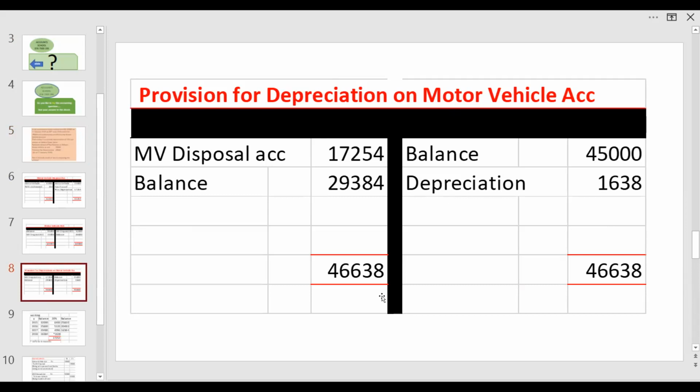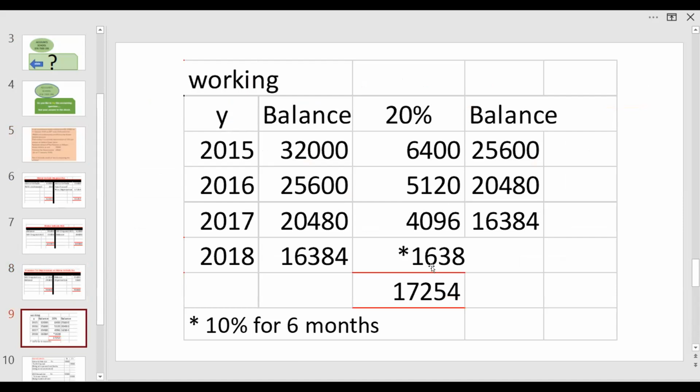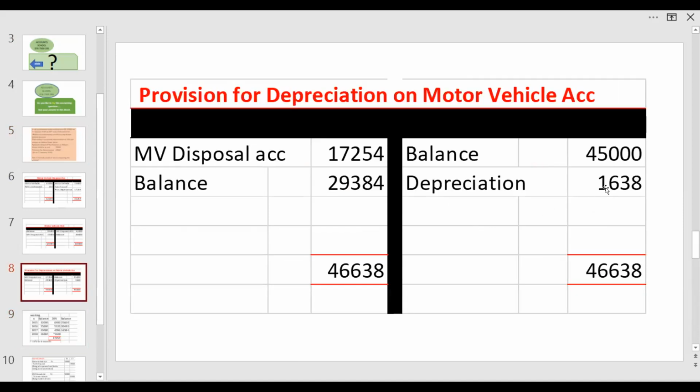That is why this half a year's depreciation, we have credited that to the motor vehicle account. So now this completes the answering of the thing.